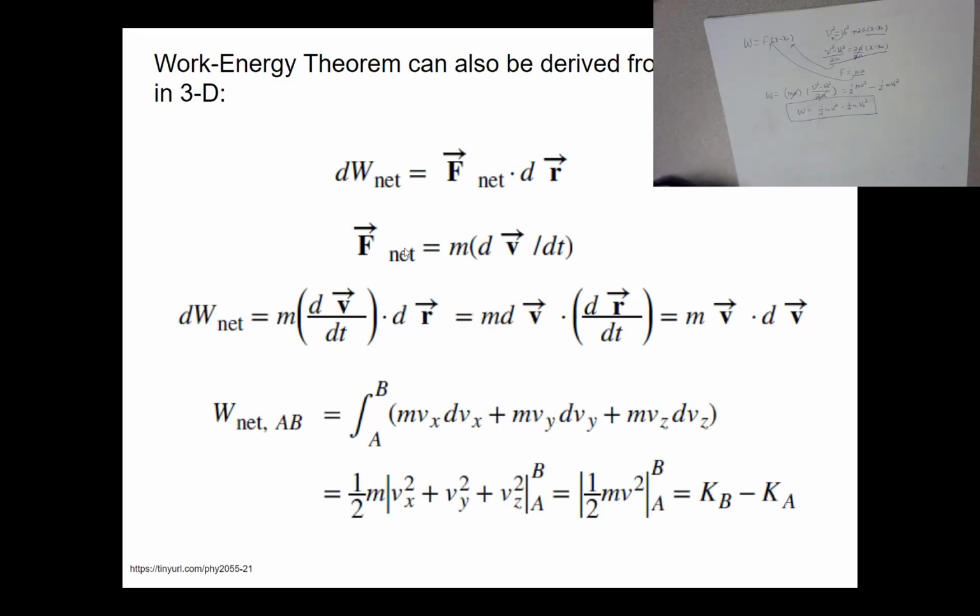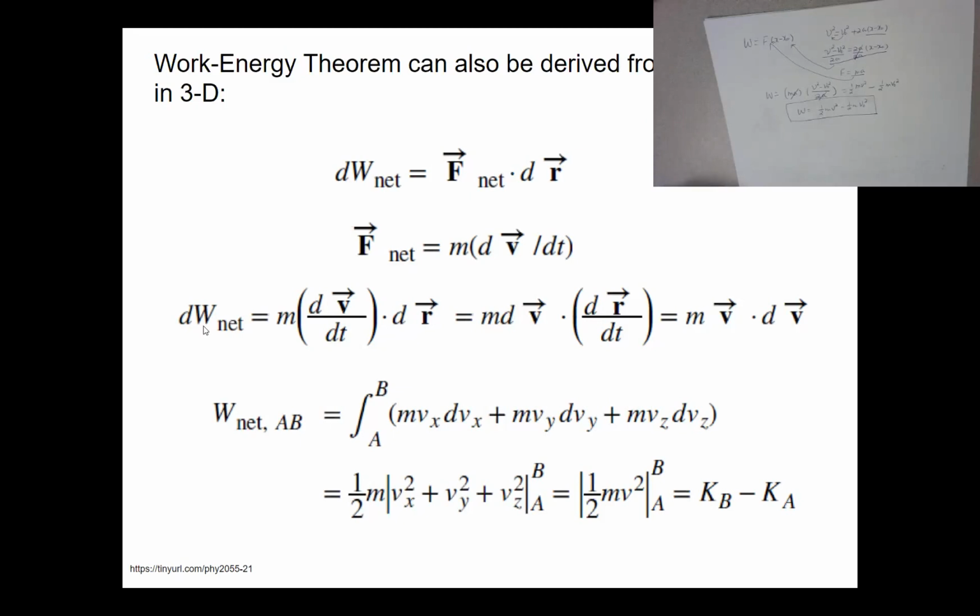Okay, so this is F equals ma, written with acceleration as the time derivative of velocity. Now, if you combine these two together, replacing the net force with this expression, you come to this expression here.